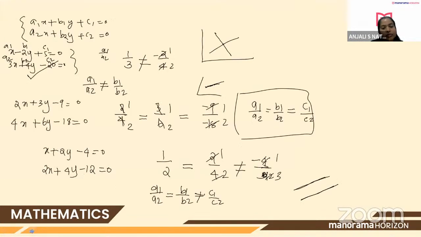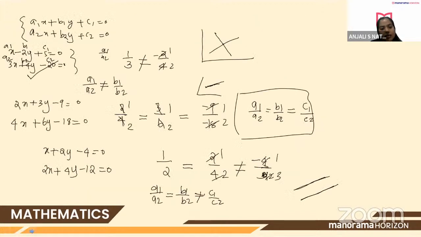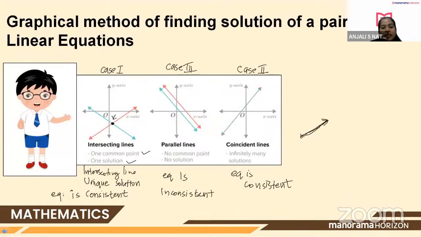Here we get a1 by a2 is equal to b1 by b2 is equal to c1 by c2, and the lines are coinciding with each other. So the equation has infinitely many solutions and the equation is consistent again. And the last case, we have a1 by a2 is equal to b1 by b2, which is not equal to c1 by c2. So here, in case 3, the lines are parallel lines, so there are no common points and we have no solution. So the equation is inconsistent.